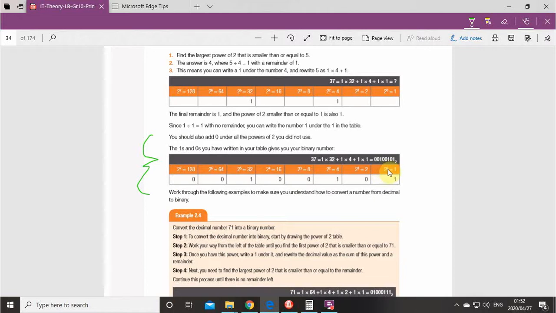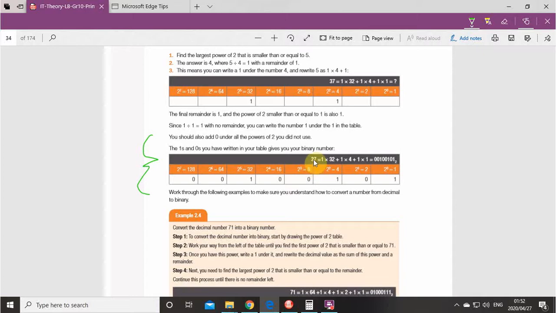So take your base, we want to convert to binary, so begin with 2 to the power of 0. Then you go 2 to the power of 1, 2 to the power of 2 equals 4, until that number is greater than the number you are converting. So if you go 2 to the power of 3 is 8.